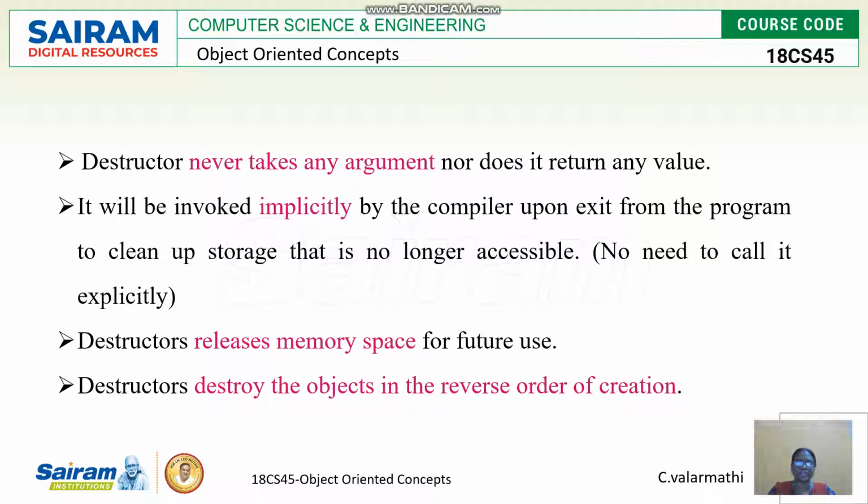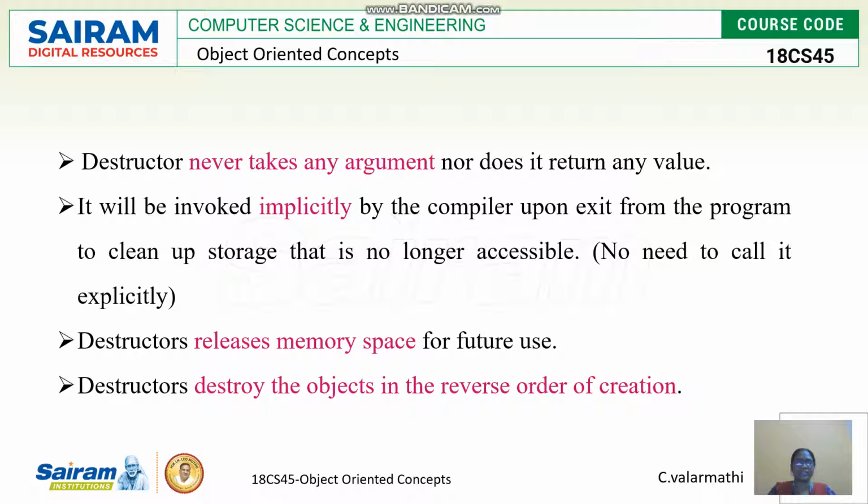A constructor may or may not have arguments, as we have seen in the previous video, but a destructor will never take an argument and does not return any value. It will be invoked implicitly by the compiler upon exit from the program to clean up storage that is no longer accessible.